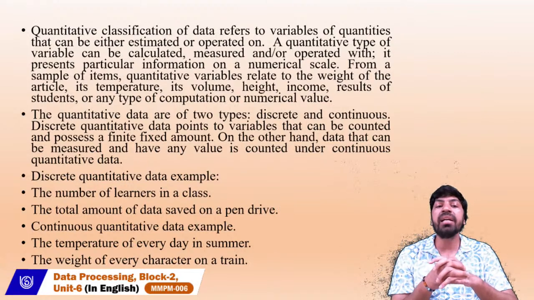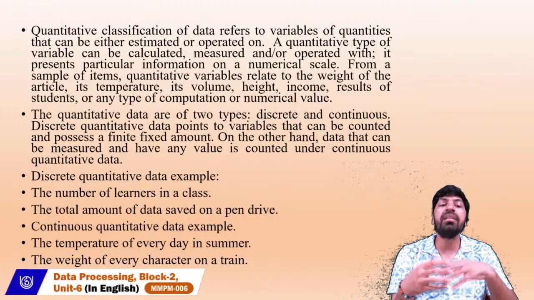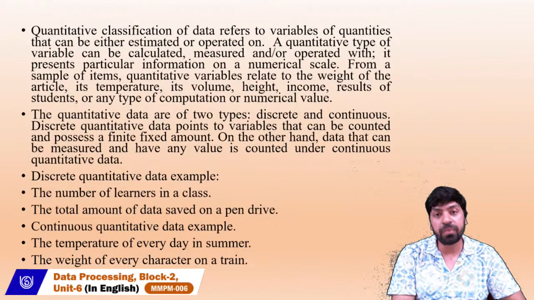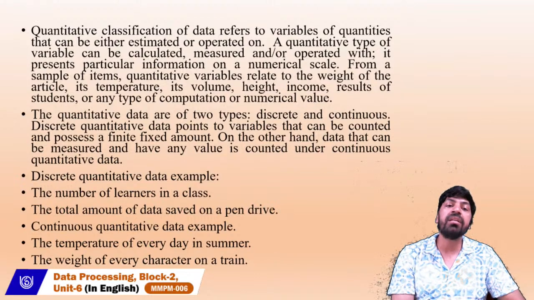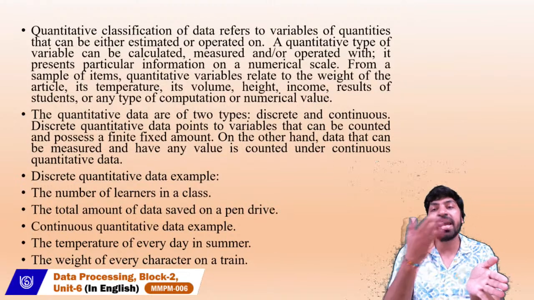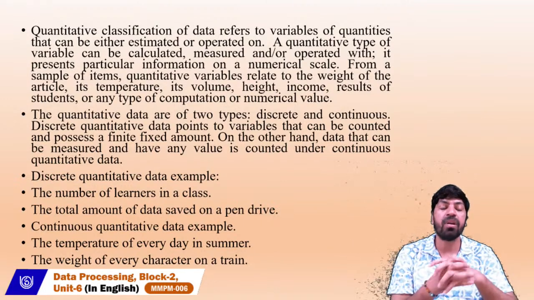When we talk about the data which can be measured and can have any value, which is an infinite amount, it becomes continuous quantitative data. So there is a main difference. Discrete is a finite and continuous is an infinite amount of data.